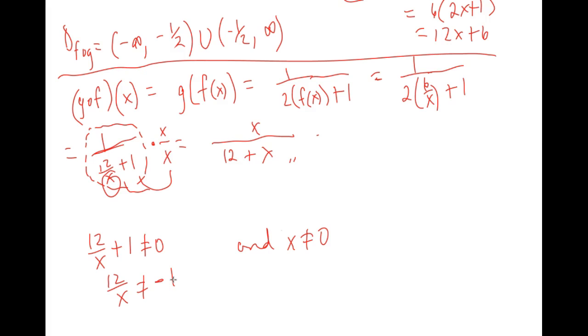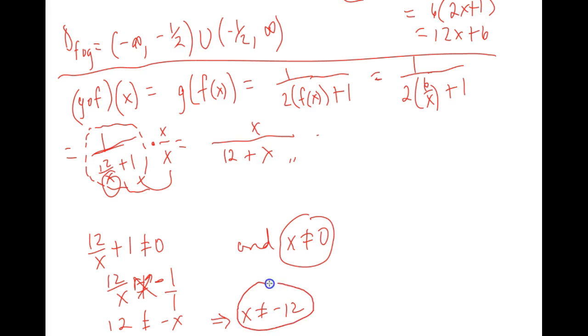And of course, we know that 12 divided by negative 12 would give us negative 1. So here, we do some cross multiplication. We see that negative x can't equal 12, and from that, x can't equal negative 12 if we multiply both sides of the equation by negative 1. So our restrictions are these two.